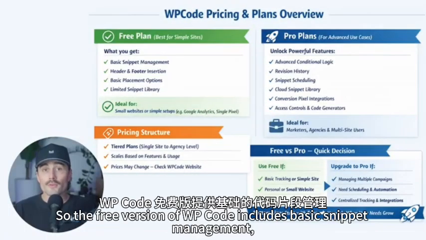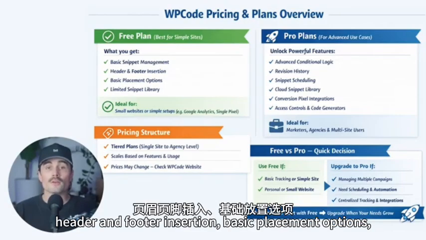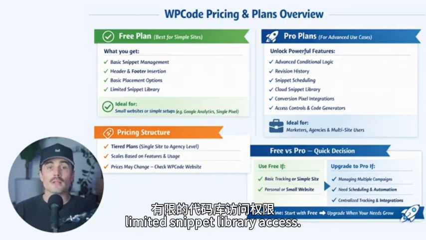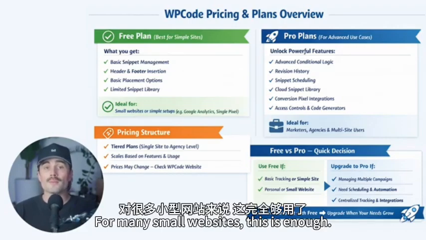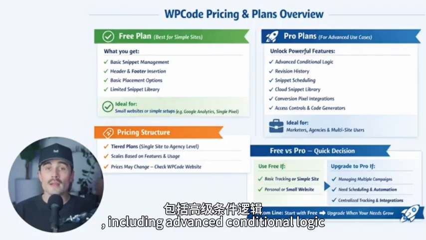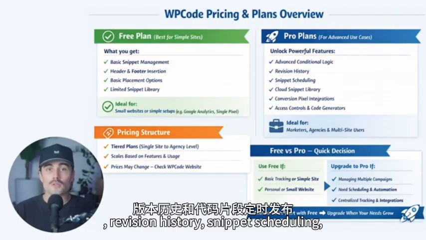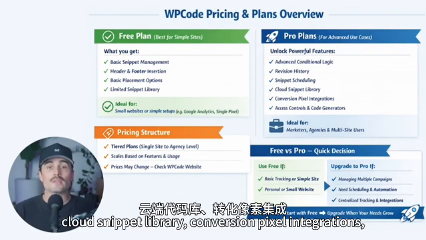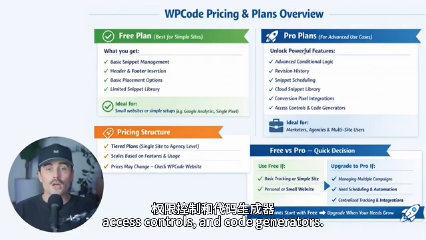Pricing and plans. So the free version of WPCode includes basic snippet management, header and footer insertion, basic placement options, limited snippet library access. For many small websites, this is enough. Paid plans unlock additional features, including advanced conditional logic, revision history, snippet scheduling, cloud snippet library, conversion pixel integrations, access controls, and code generators.